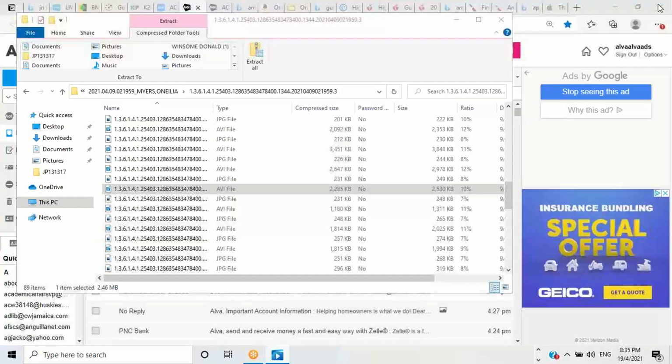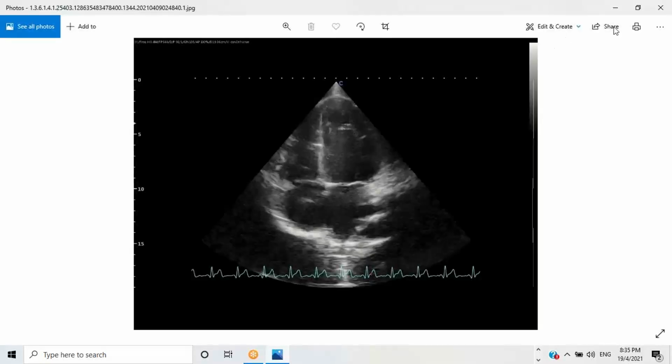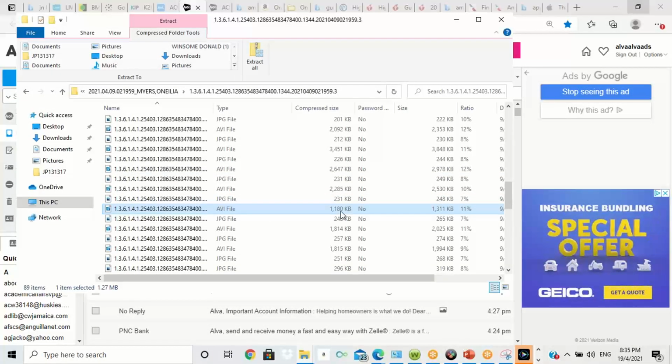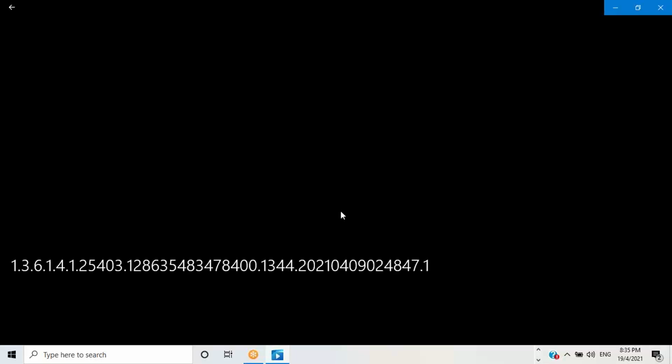So again, we have to do some Doppler studies. You should always do color flow first to see if any significant pathology is there.